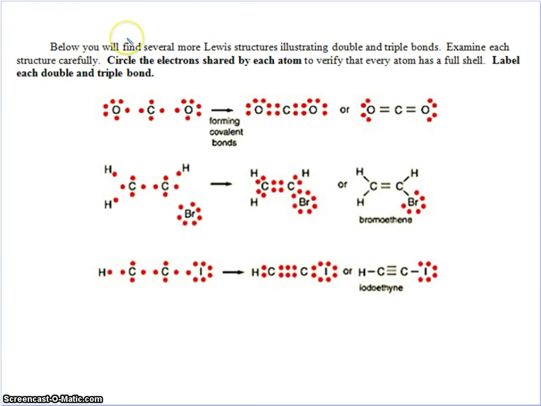Alright, below you will find several more Lewis structures illustrating double and triple bonds. Examine each structure carefully. Circle the electrons shared by each atom to verify that every atom has a full shell. So that's 8. Label each double and triple bond. Okay, so time to get circling.